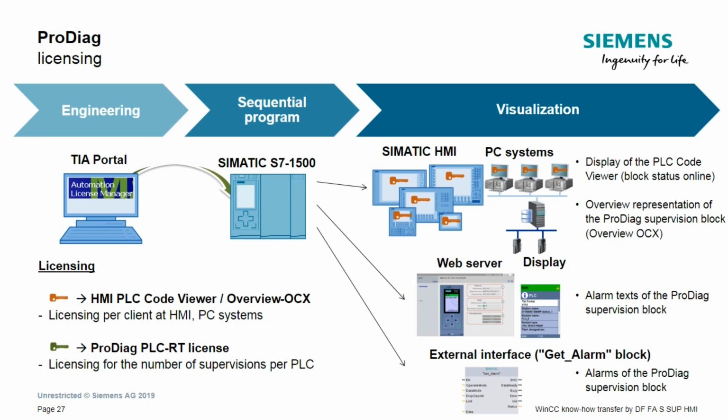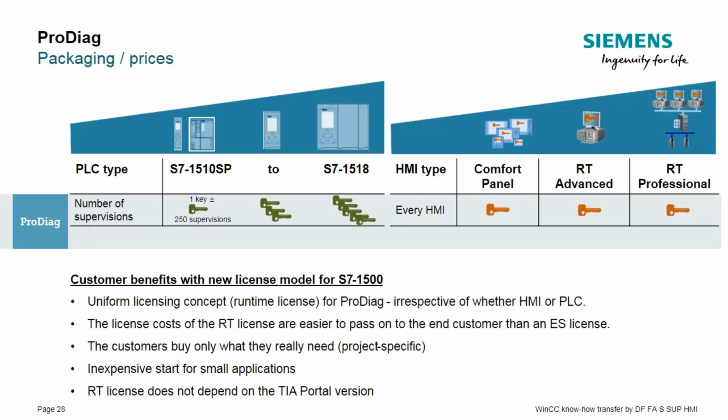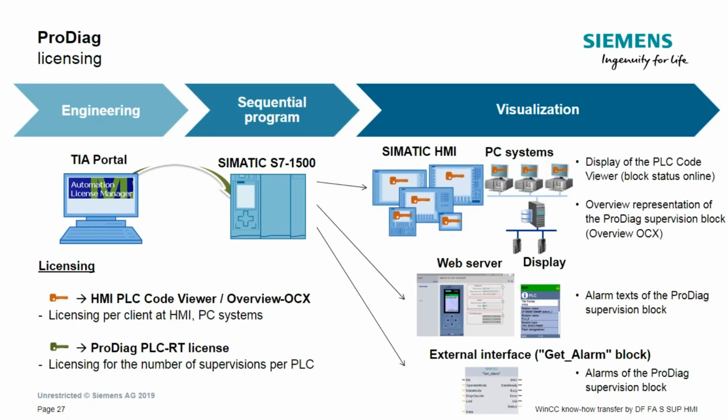One license key for the PLC includes 250 supervisions. By the way, I think 25 supervisions are already included in the basic installation. And then you just multiply the keys. So one key is 250 supervisions, two keys is 500 supervisions, and so on.